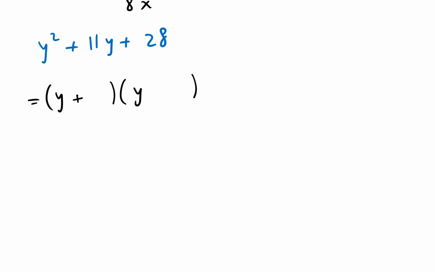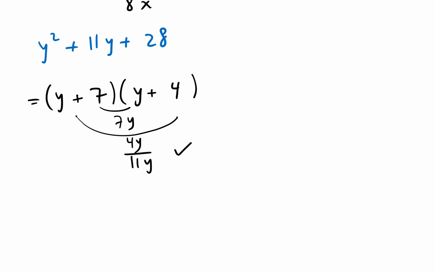Both are positive. That makes it much easier. 28 is either 28 times 1, 7 times 4, or 14 times 2, maybe 7 and 4. Test it. 7y and 4y, 11y. So that gives me the middle one. That works. Lucky enough.